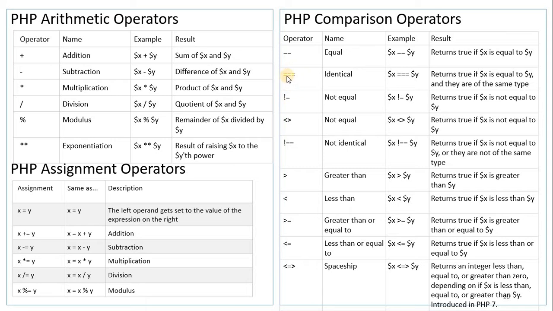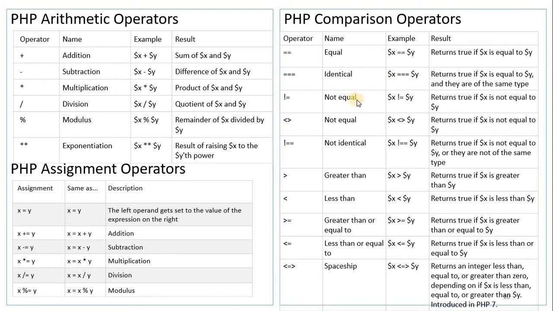Here we have another operator, which is the identical operator, represented with three equal to's. So $x triple equal to $y returns true if $x is equal to $y and they are of the same type. Remember, here x and y should be of the same type, whereas in the case of $x double equal to $y, we are not considering the type, but in the identical operator we are going to consider the type.